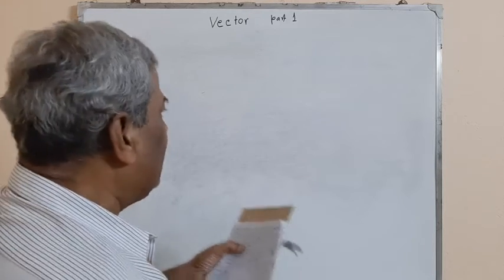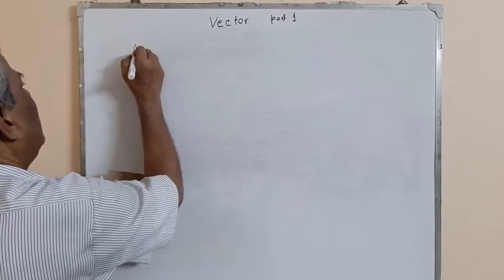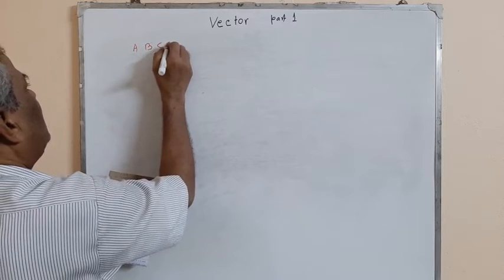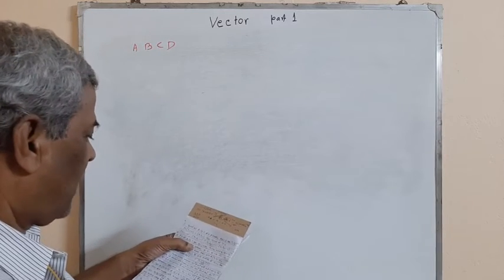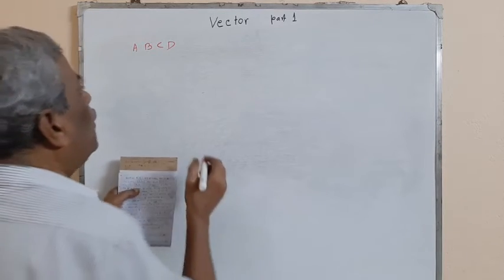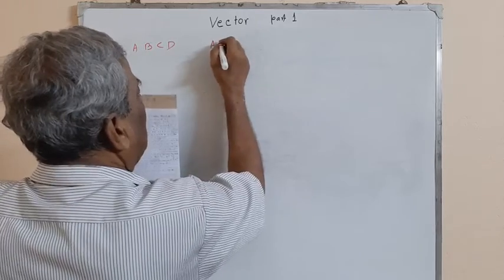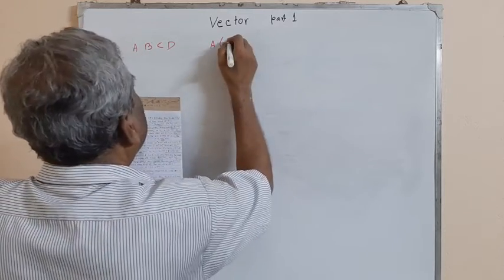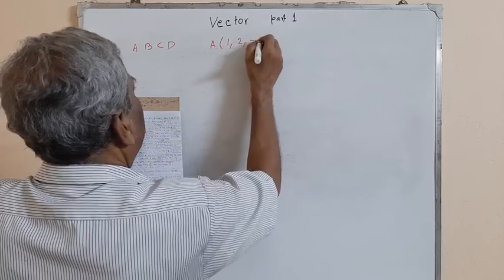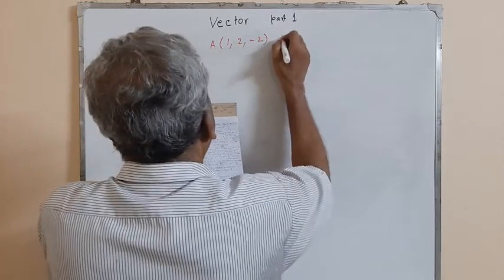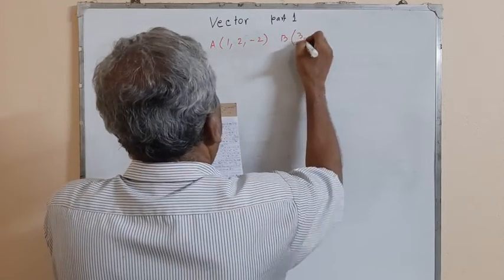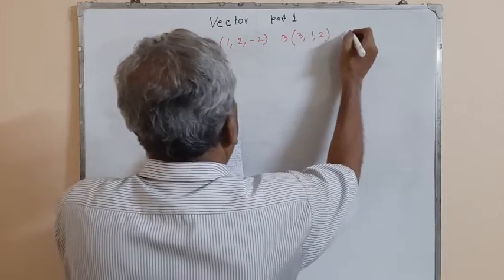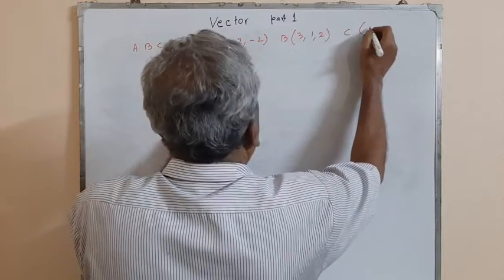ABCD is a parallelogram, whose coordinates are: A, the first vertex, is 1, 2, minus 2. B is 3, 1, 2. C is 4, 3, 1.